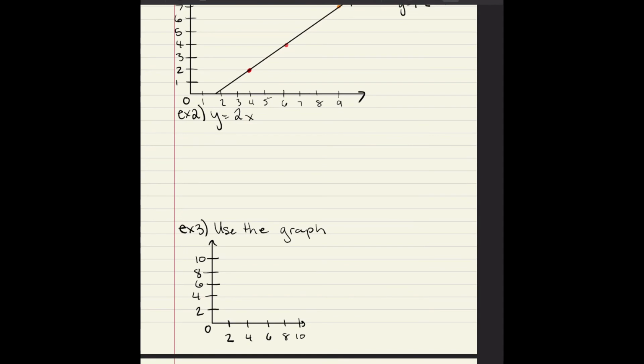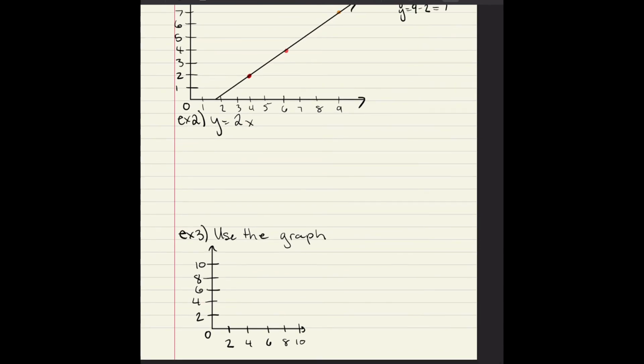Let's try another one. So here we have y equals 2x. I'm going to start by creating my input-output table. Here it works if it's multiplication, so I could just do 1, 2, 3.